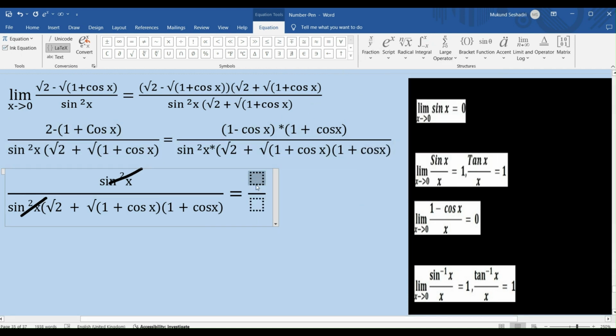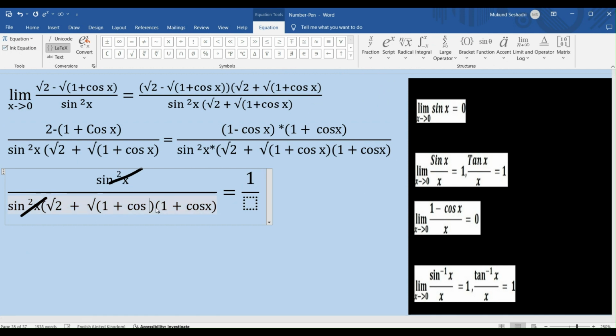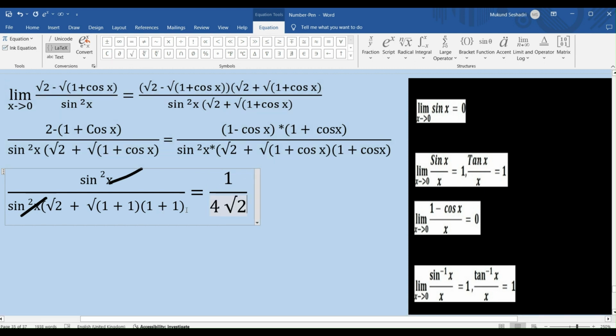What is that? 1 divided by cos of x, which is cos of 0, becomes 1, and similarly here you have 1. So we have got 1 divided by root 2 plus root 2 into 2, right? So that is 2 root 2 into 2, which is 4 root 2, the final answer for this question.